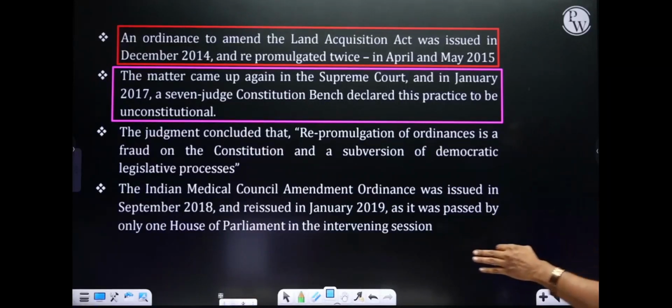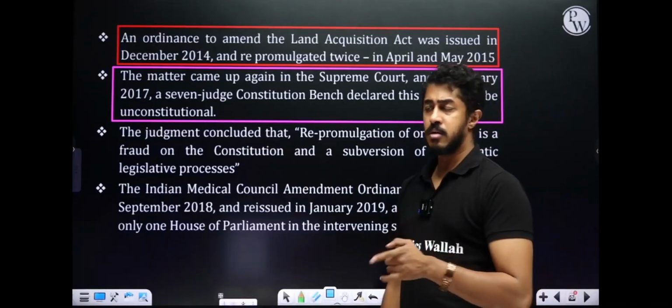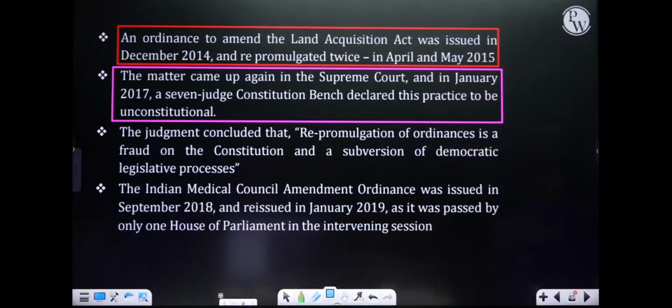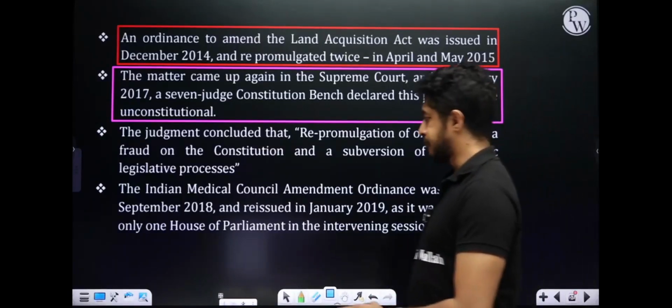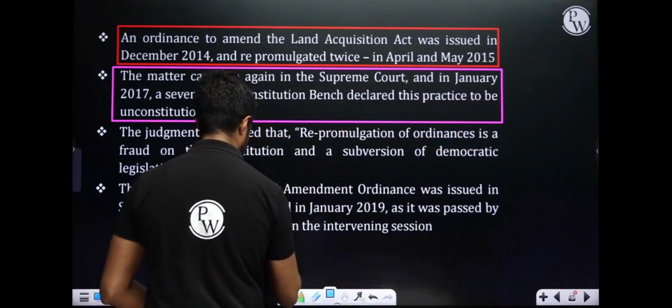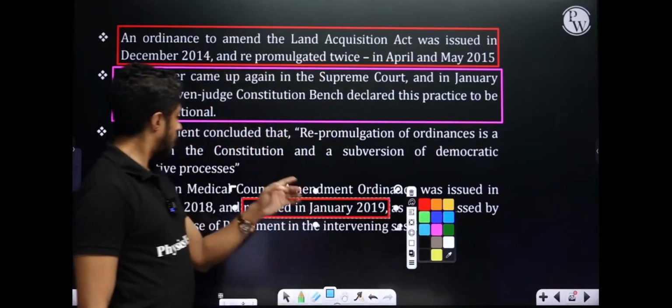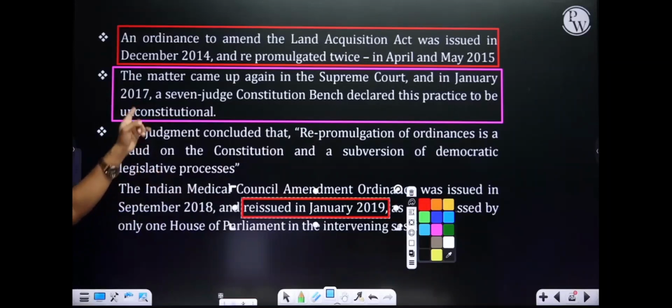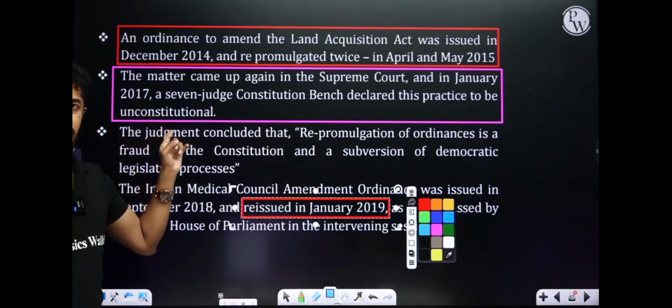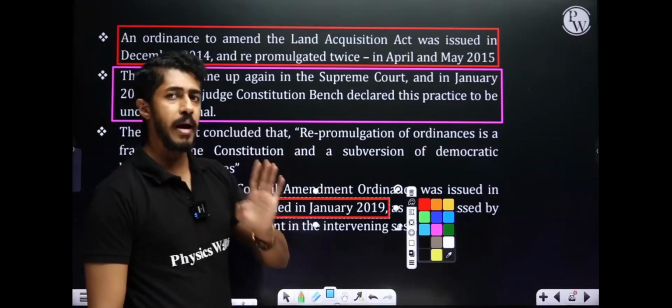democratic legislative processes. The Indian Medical Council Amendment Ordinance was issued in September 2018, reissued in January 2019, as it was passed by only one House of Parliament in the intervening session. When did the judgment come? 2017. That is, re-promulgation is a bad thing.